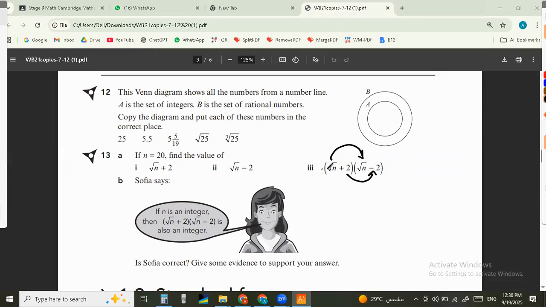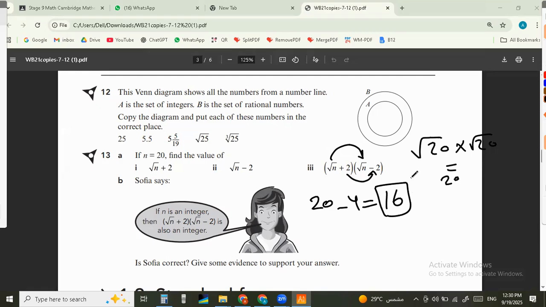So let's do it. Square root of 20, they said n is 20, times square root of 20, mister, any root multiplied by itself will give me the number that is under the root. It's equal to 20. Good. So square root of 20 times square root of 20 is 20 plus positive 2 times negative 2. What is positive 2 times negative 2? Negative 4, equals 16. That's it. Okay, so this one is 16.